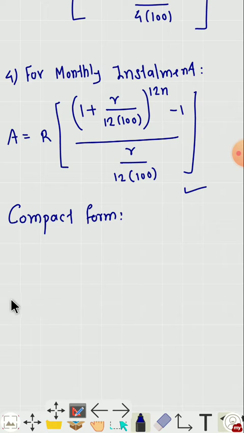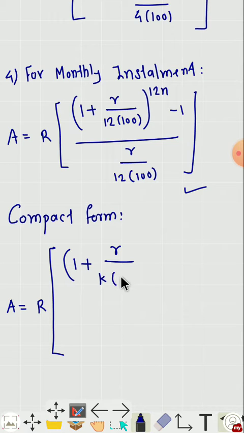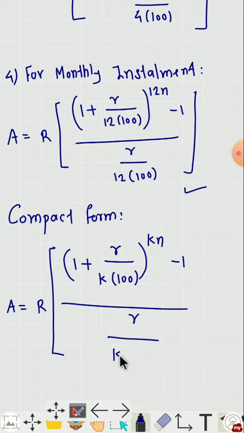The compact form of all the above formulae is A is equal to R inside the bracket (1 plus r divided by k times 100) whole bracket raised to the power kn minus 1, and whole divided by r upon k times 100, bracket complete.